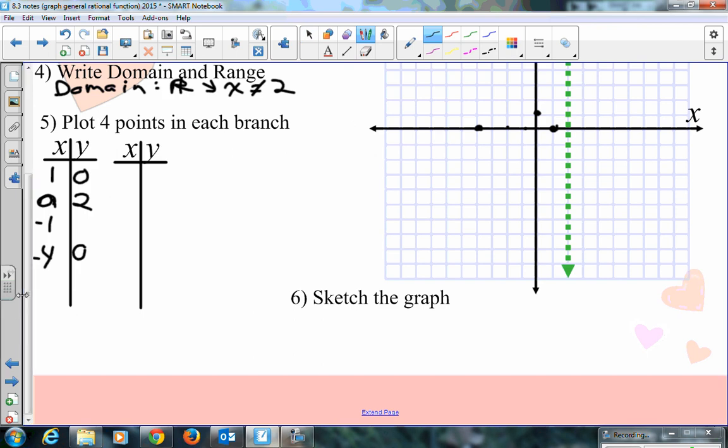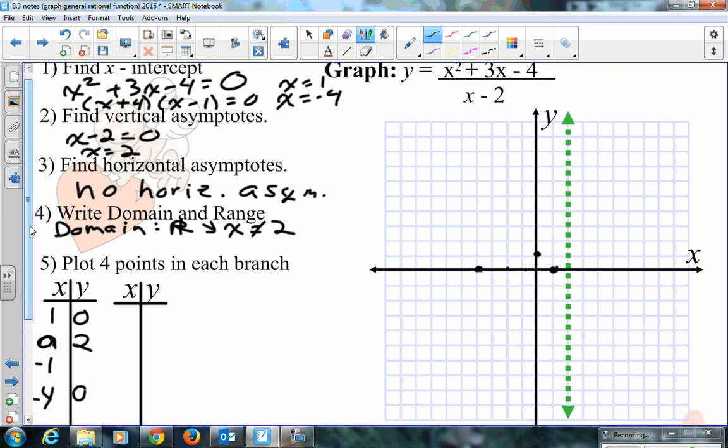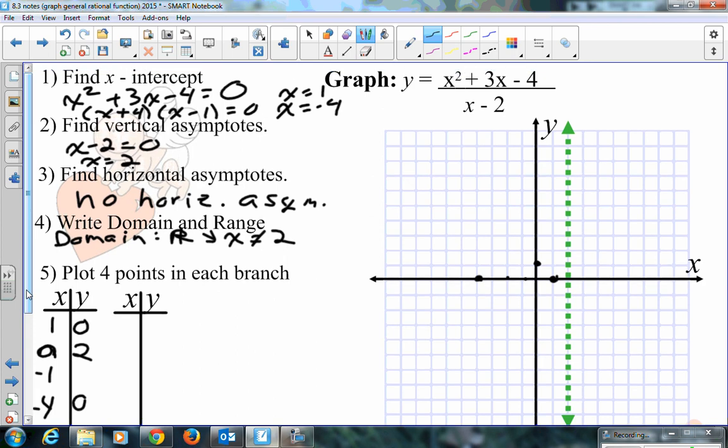So when x is negative 1, I've got 1 minus 3 minus 4. Well, 1 and 3 minus 4 is minus 7, plus 1 is negative 6 over negative 3. So that's going to be a positive 2.